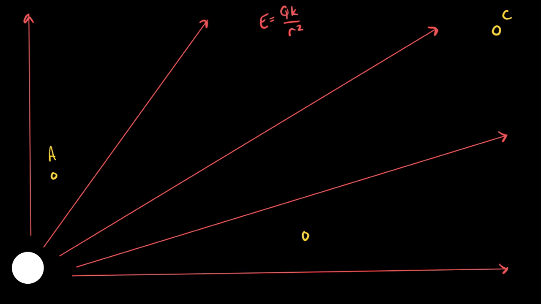In fact, we did the math on it. If I want to move my charge q closer to my big charge, capital Q, then the amount of energy it would take, the electric potential energy, would be qQk over r.